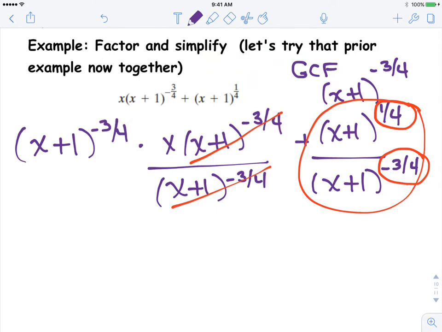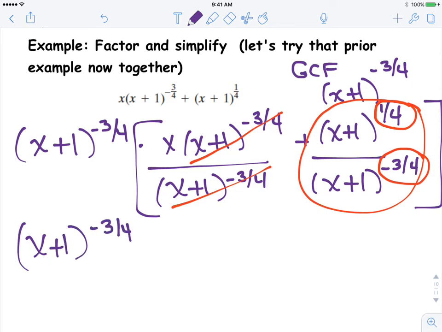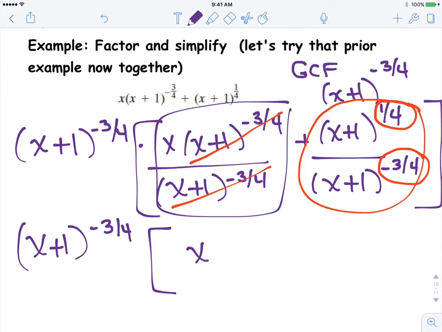I should have put a bracket here for you too. So here's your GCF, x plus 1 to the negative 3/4, bracket. All you're left with in this piece right here is an x. And then plus, and now we're going to subtract those exponents in the red.